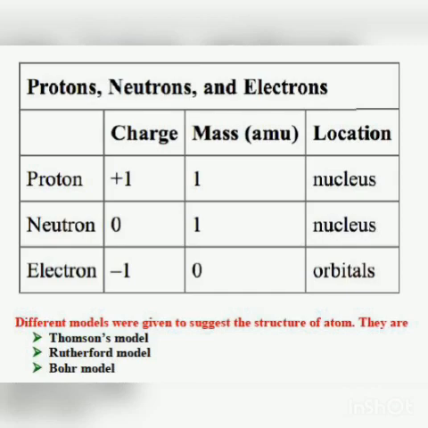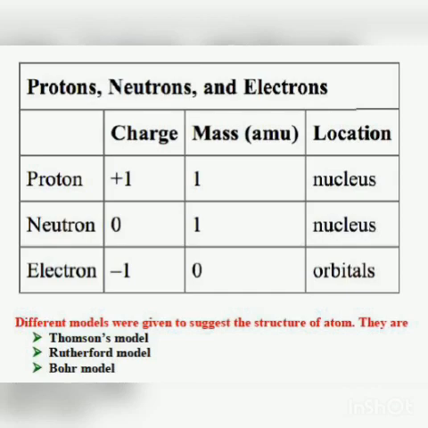He proposed one model, but there were a few drawbacks in that model which he could not explain. Then a second scientist gave another model of atom, the Rutherford model. The name of the scientist is Rutherford and the model was called Rutherford model.